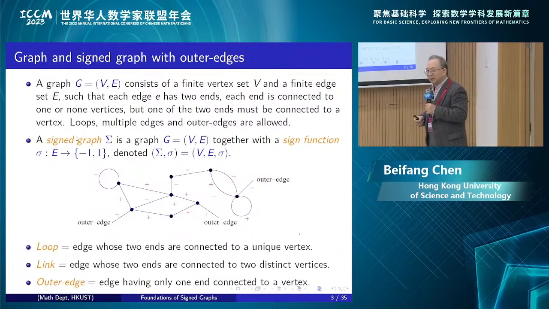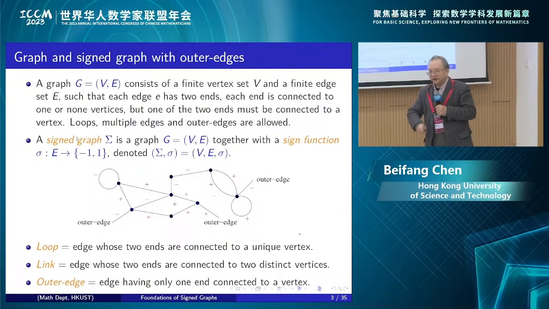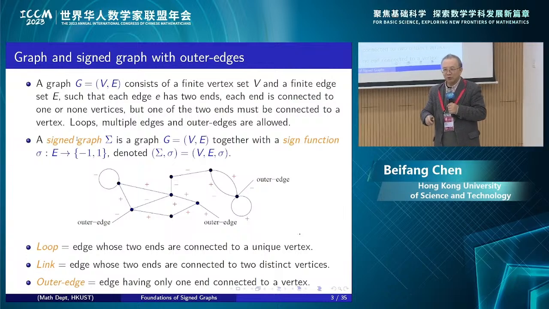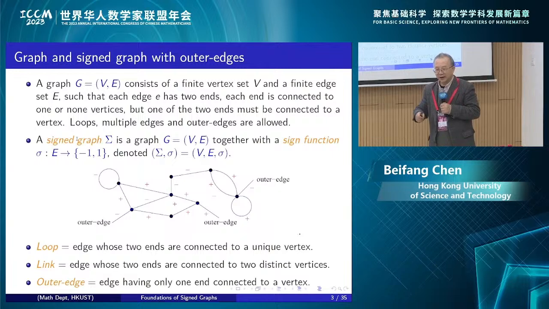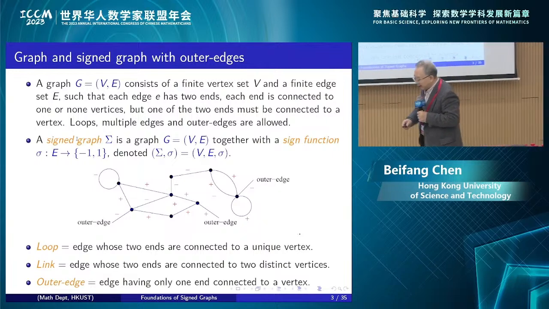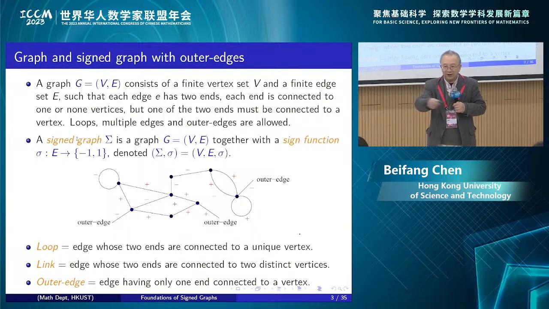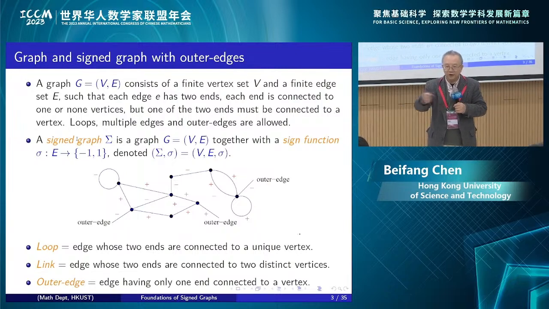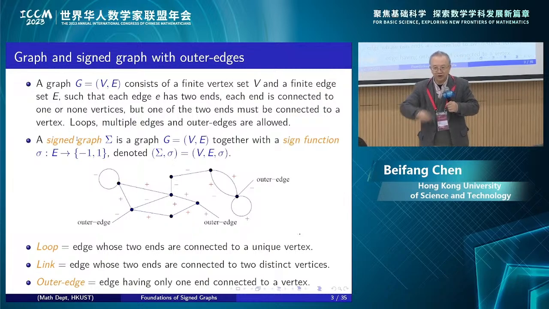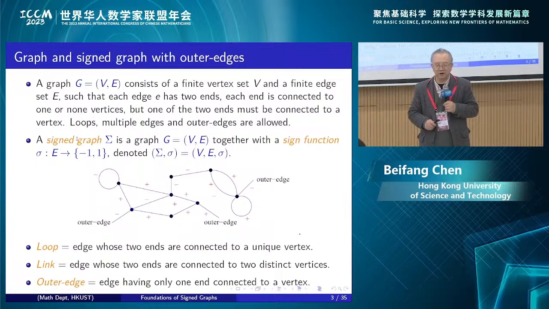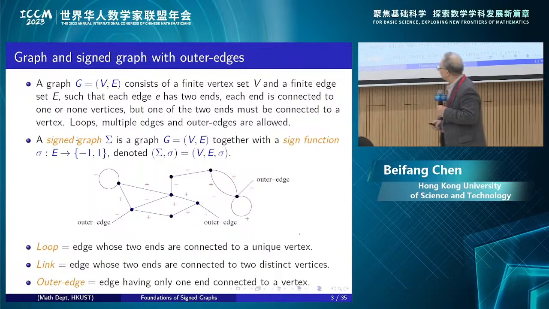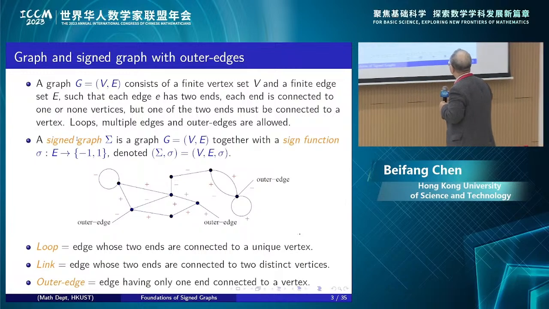Typically you consider a system, a network. This network is not closed. The outer edge means it's connecting the inside to the outside. And the edges inside bound two vertices, which may be the same. Then it is connected to the inside. So this outside is inside. That's the basic one.